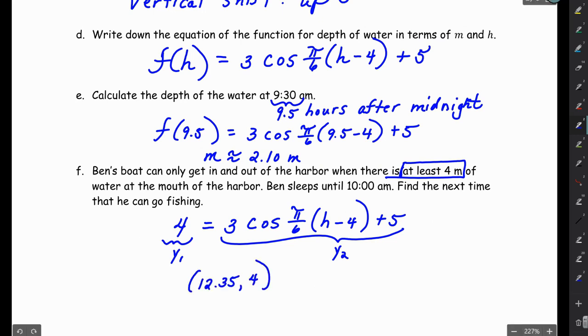So we know we're happening after noon, but 0.35 is how many minutes in the hour. So we need to figure that part out. So 0.35 times 60 minutes gives us 21 minutes. So we know that the next time that Ben can go fishing is 12:21 p.m.